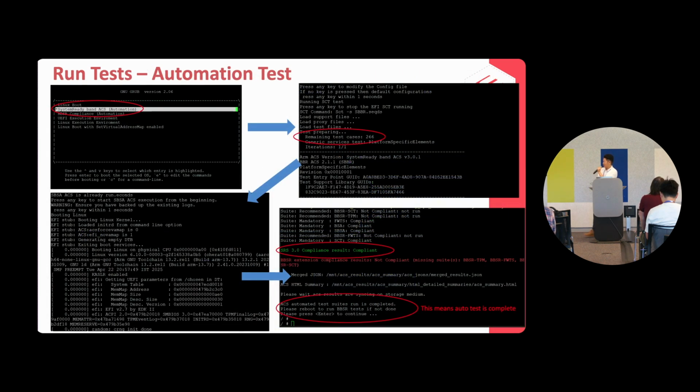After that, it starts with this GRUB menu and automatically launches the second option, SystemReady Band ACS automation, and starts with SCT, then BSA and SBSA UEFI, then boots the Linux OS and runs FWTS and the Linux BSA and SBSA, and then it will show the brief result for you.